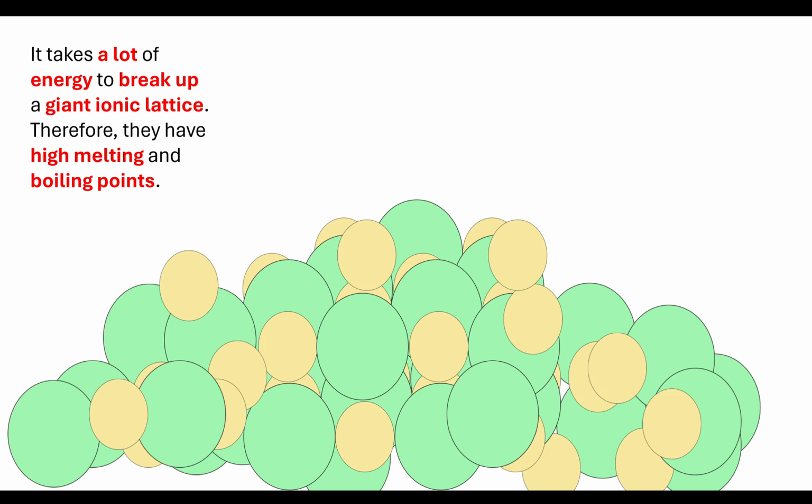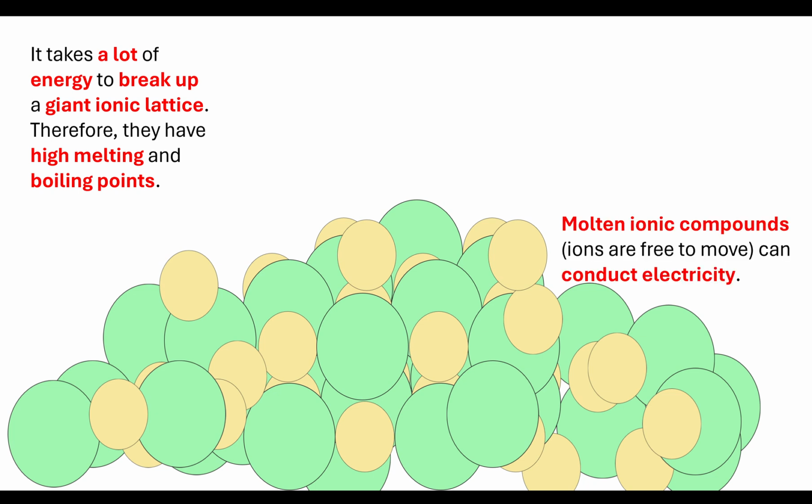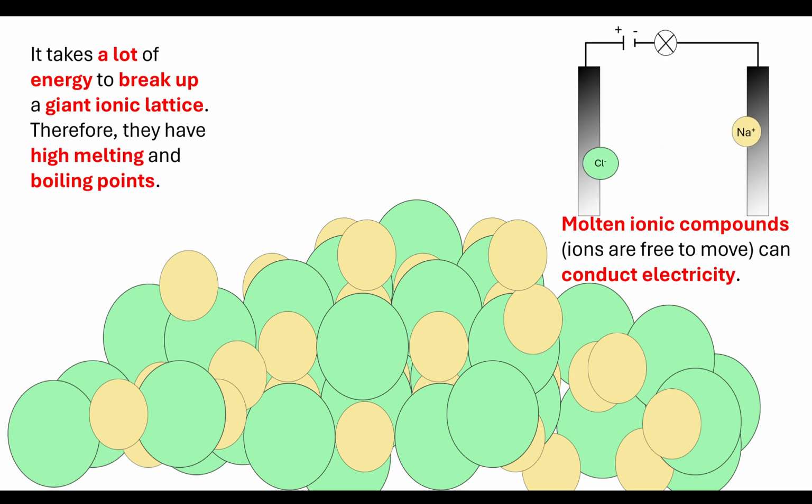So we have to understand that these ionic bonds are strong electrostatic forces. Now, once we have actually melted our ionic compound down into the molten form, those ions are now free to move around. Therefore, they can conduct electricity.